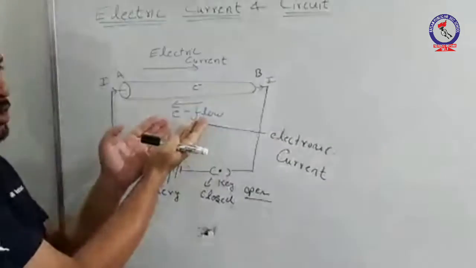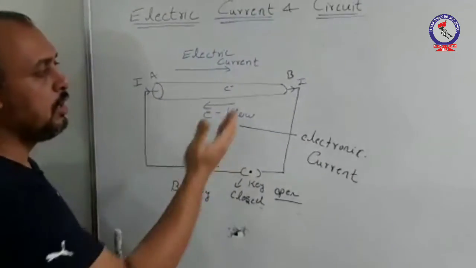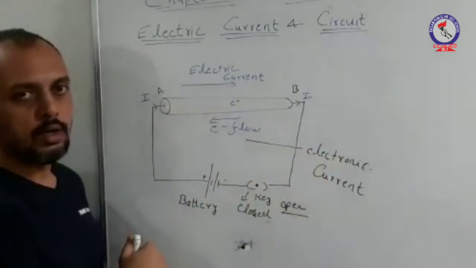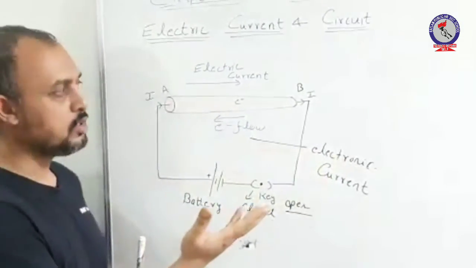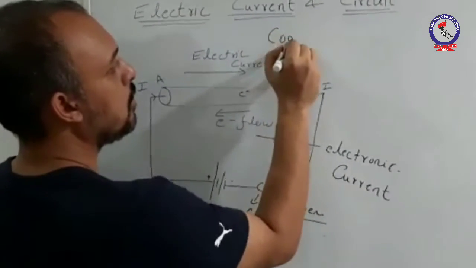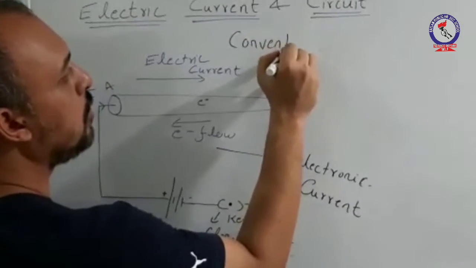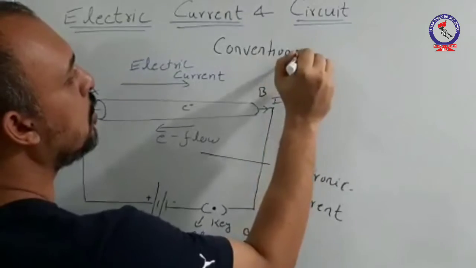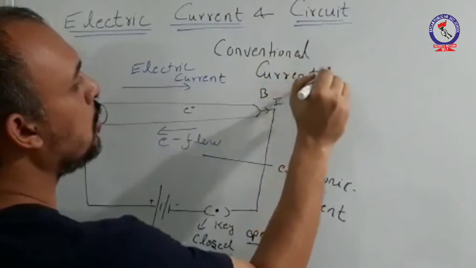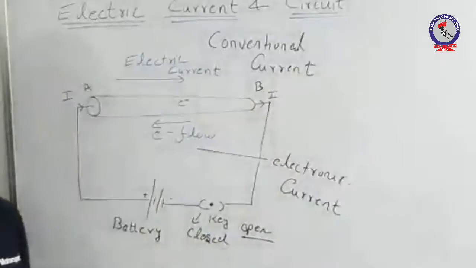Now the motion of electrons in this conductor AB is from B to A, constituting a current called electronic current, and we are taking the direction of current from A to B, which is actually called conventional current.